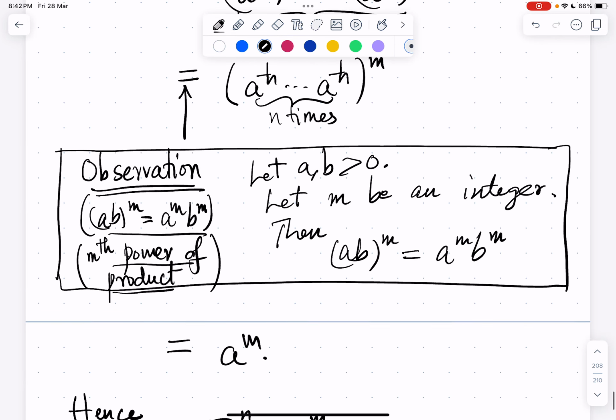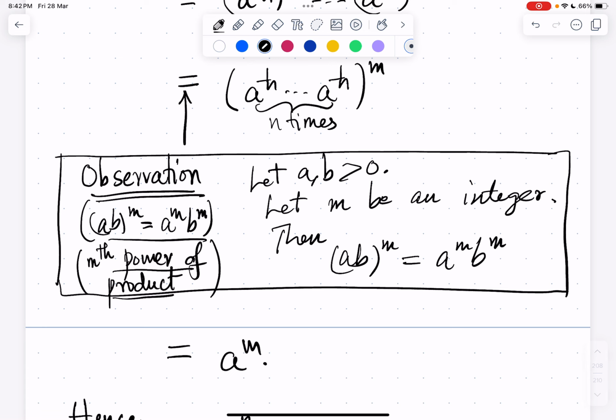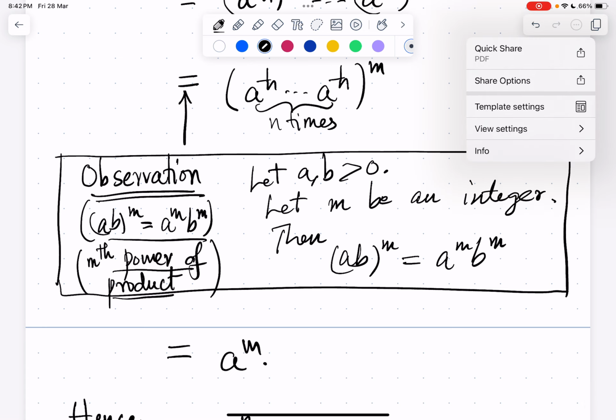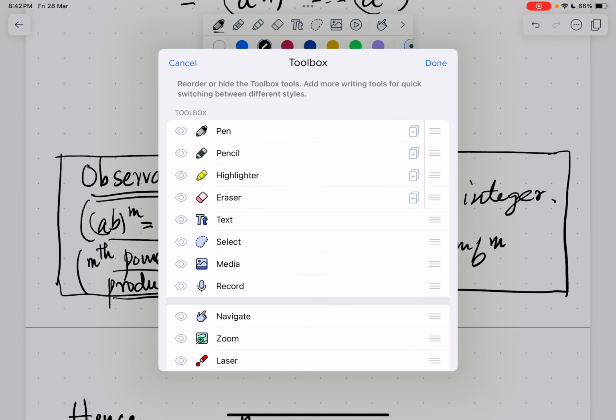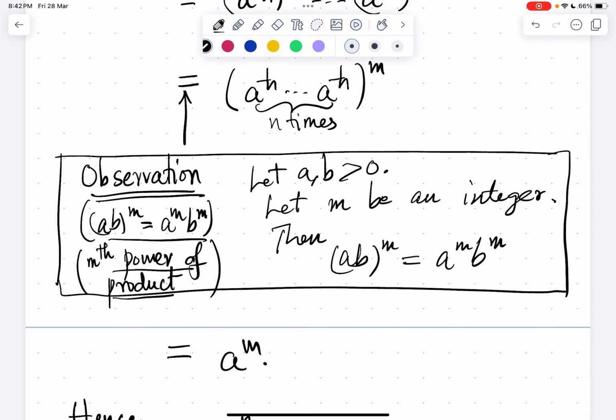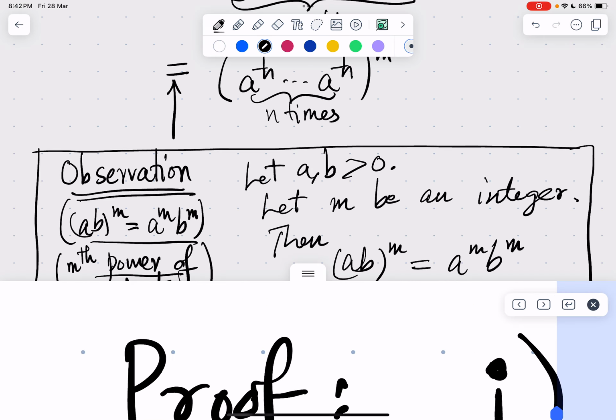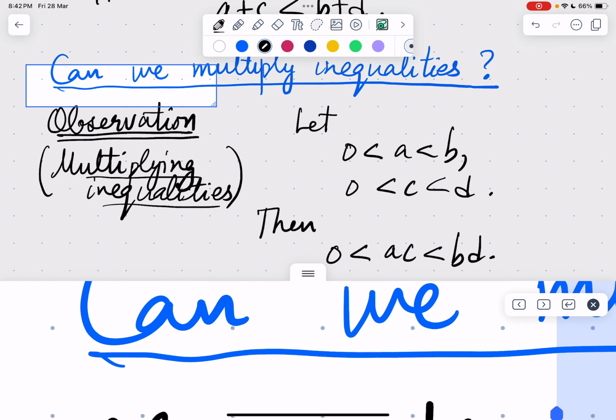To prove this thing, let's see, can I insert a page? No, this is just to zoom, I guess. Sorry.